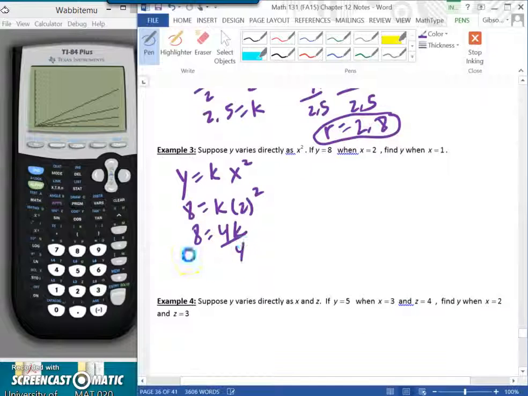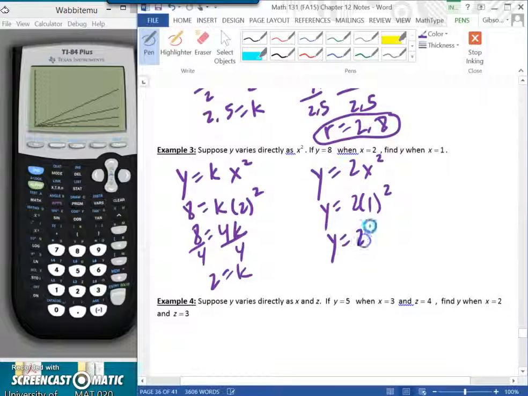We divide each side by 4, and 2 is equal to k. So we have y is equal to 2x squared. Now it says find y when x is 1. So we'll substitute in 1 for x. And we will have 2 times 1. And so y is 2. So that would be our final answer for example 3.